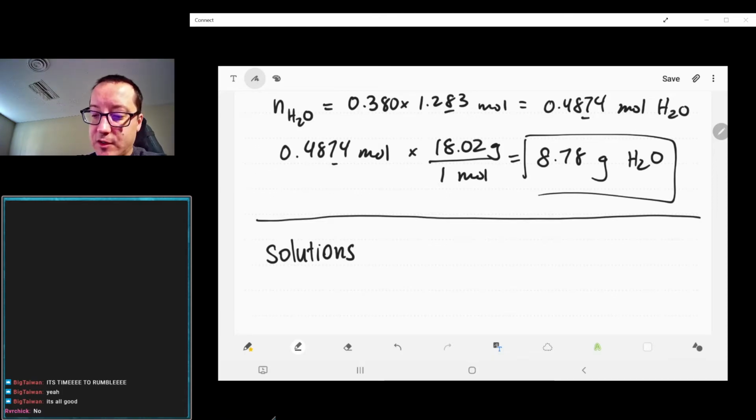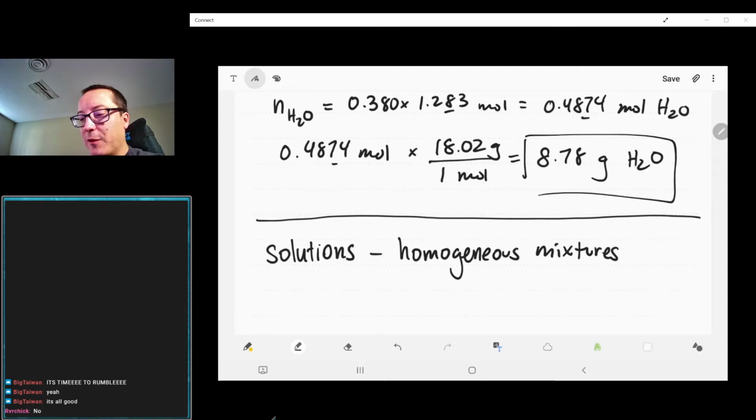So solutions are going to be homogeneous mixtures. If you remember what homogeneous meant, it meant that it's going to be the same throughout the mixture. So whatever sample you're looking at within a given mixture, everything should be the same. Salt water would be a solution because the amount of salt is evenly spread out throughout all the water.